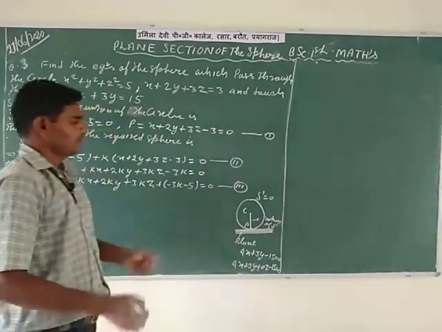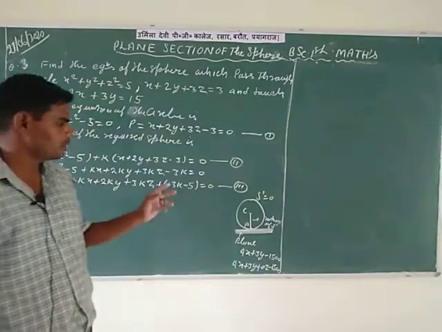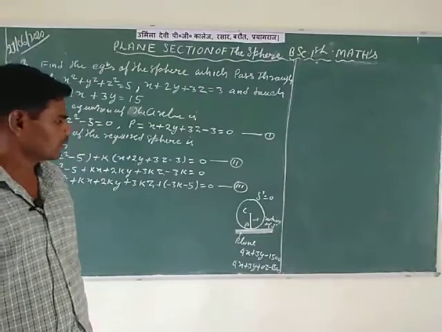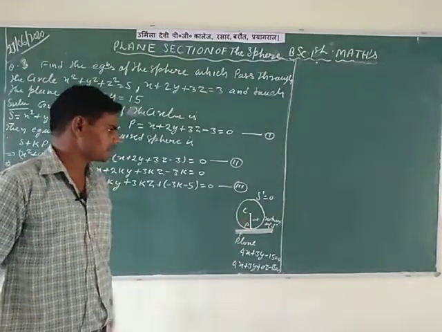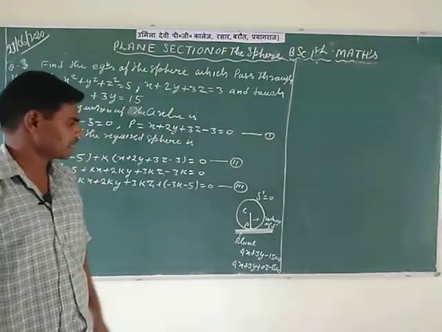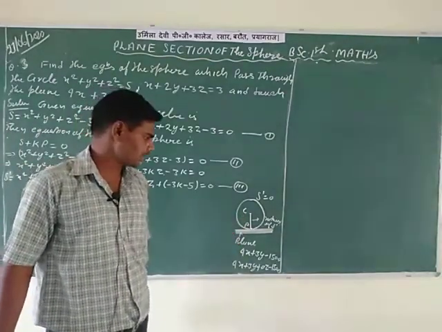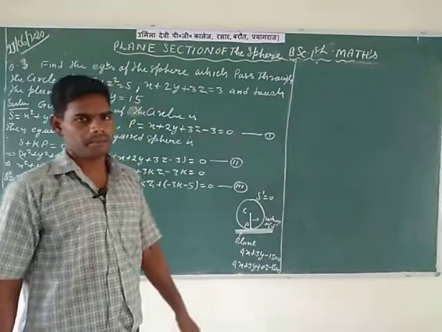So from the figure, if you want to find the value of the unknown k, then first calculate the radius of the third sphere and then the distance CP, the perpendicular distance from the center to the given plane.